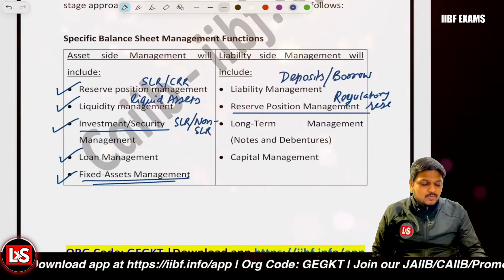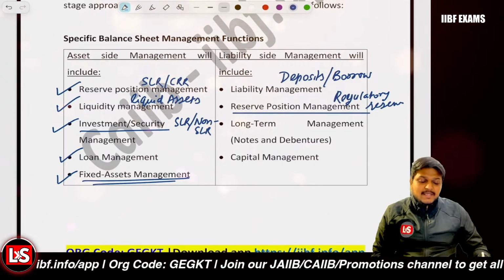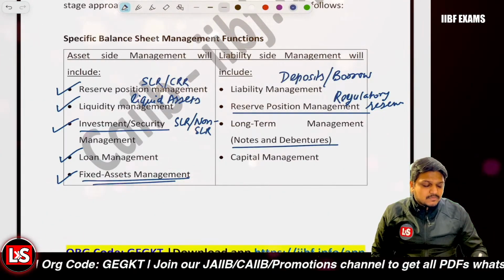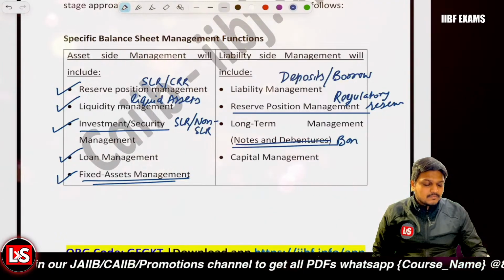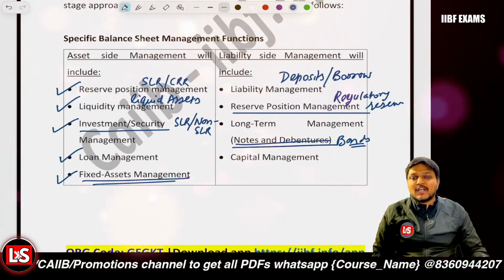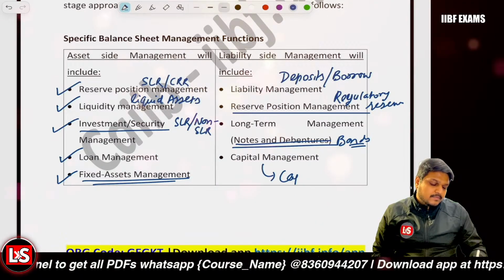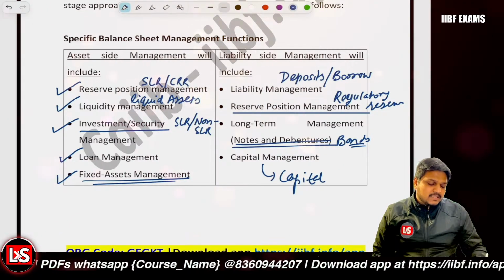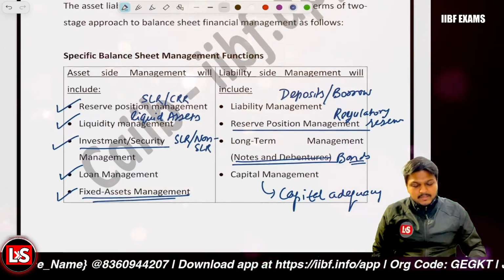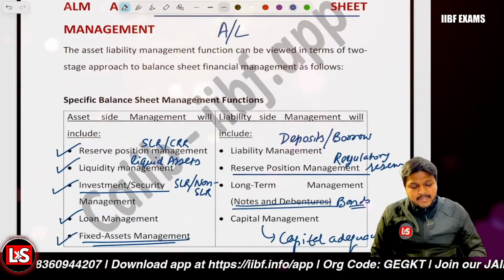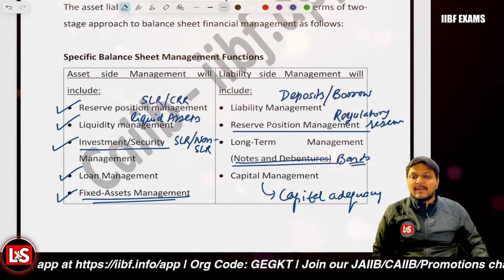Long term borrowings means raising funds through debentures, notes or bonds. And in capital management, we have to maintain capital adequacy. So this is coordinated balance sheet management on the asset side as well as the liability side.